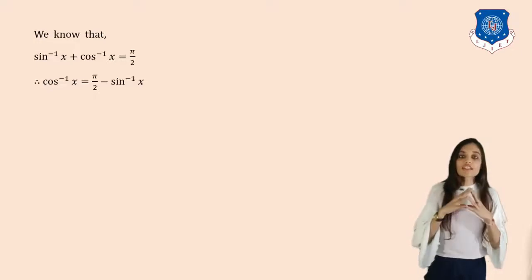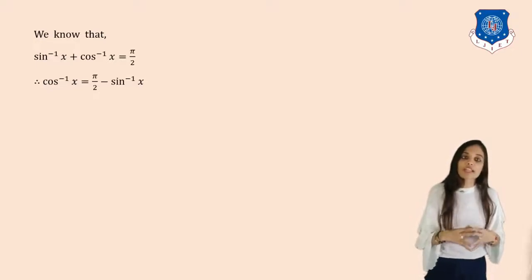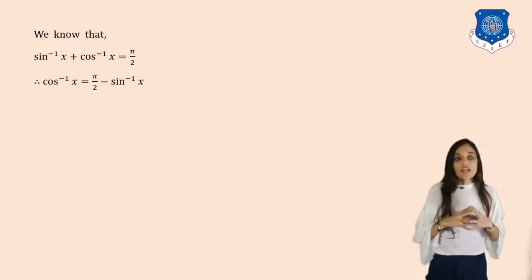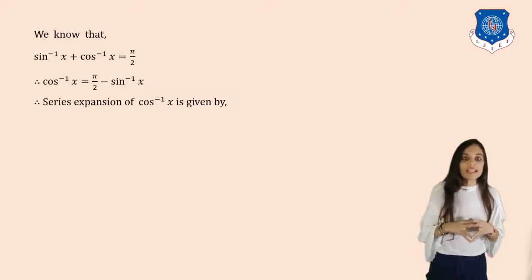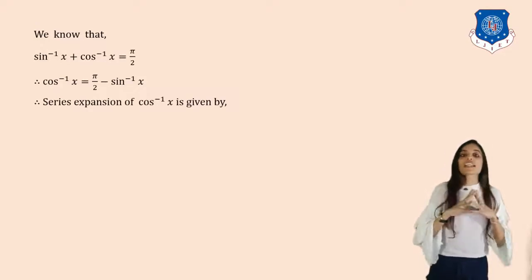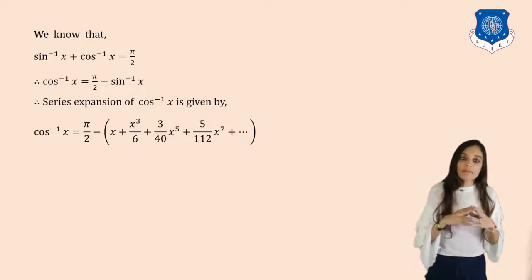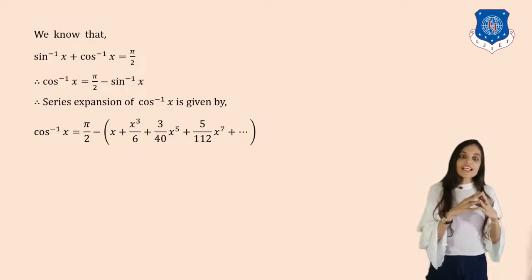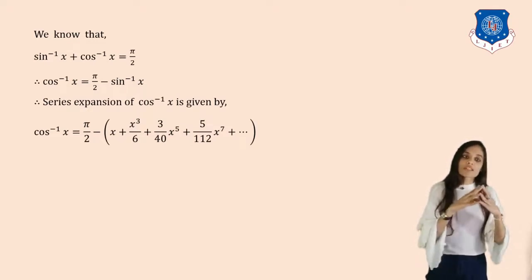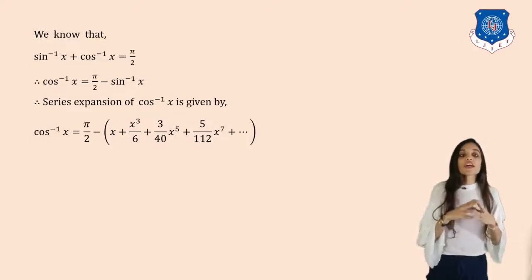So finally cos inverse x is equal to pi by 2 minus sin inverse x. Now we will replace the series expansion of sin inverse of x. So finally the series expansion of cos inverse of x is given by pi by 2 minus (x plus x cube by 6 plus 3 upon 40 x raised to 5 plus and so on).